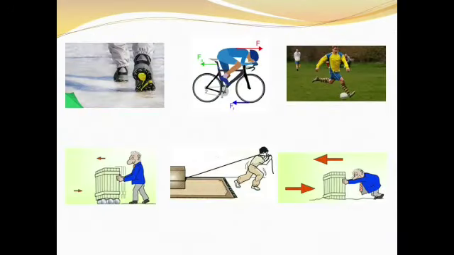Now let me go to the next slide. This is called the static friction, then the rolling friction, and here is also the rolling friction. Then this is static friction, and this is also static friction.